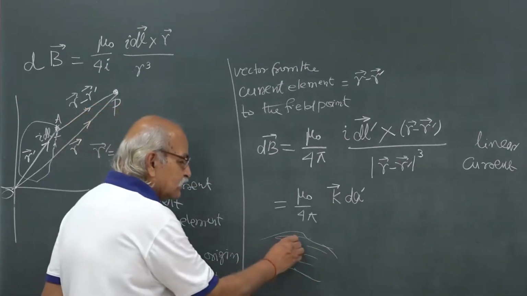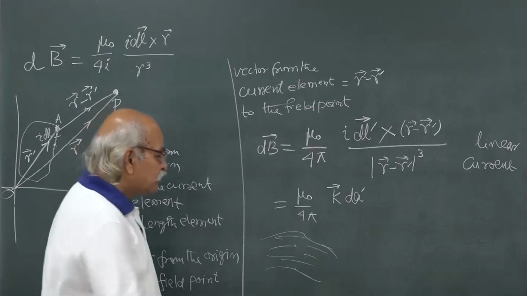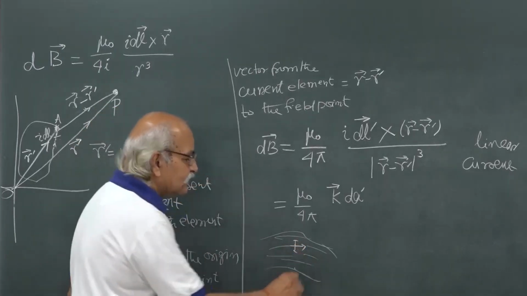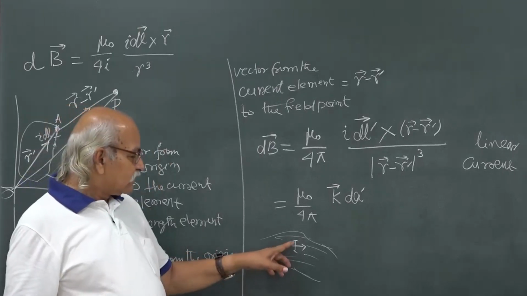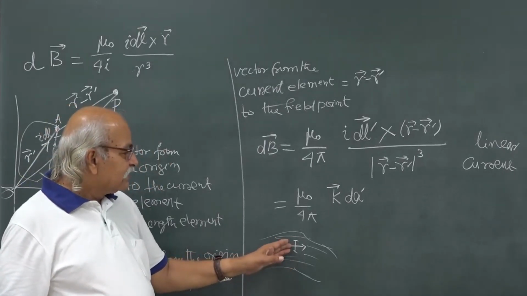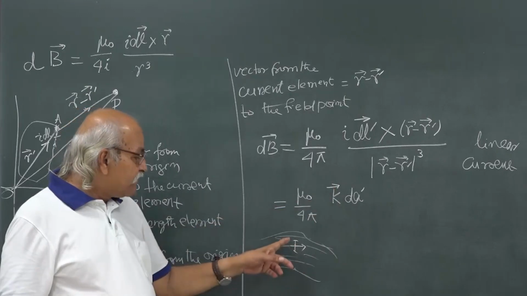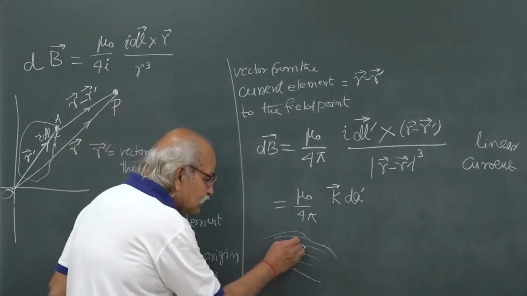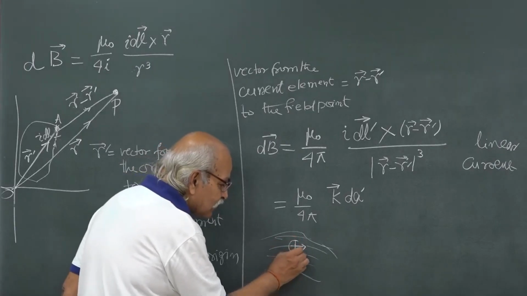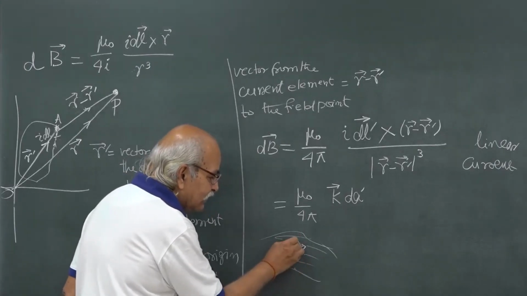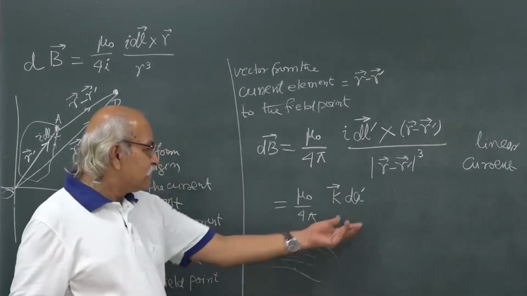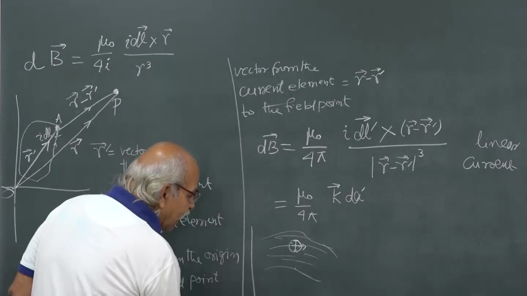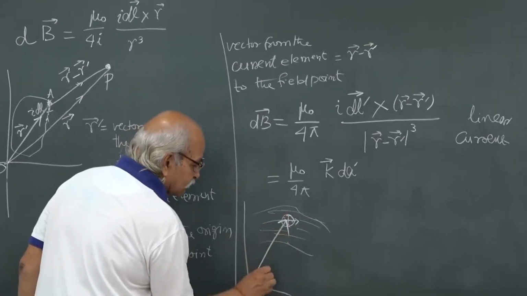Then if I take a certain point here, at that point I ask what is the direction of current, and how much current is going per unit length, that k is here, and you construct a small area which I call dA prime, and that area will be now at r prime vector.